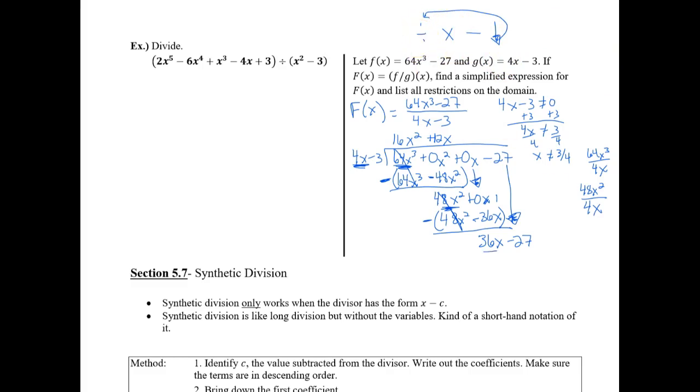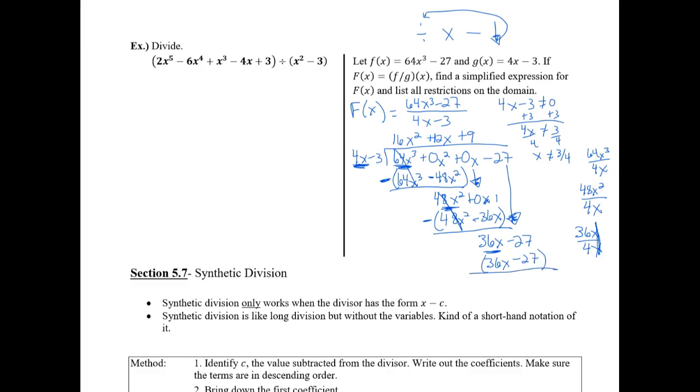So divide the leading term by the leading term. 36x divided by 4x. The x's divide out. I just have 36 divided by 4, which is positive 9. Now we multiply. 9 times 4x is 36x. 9 times a negative 3 is negative 27.